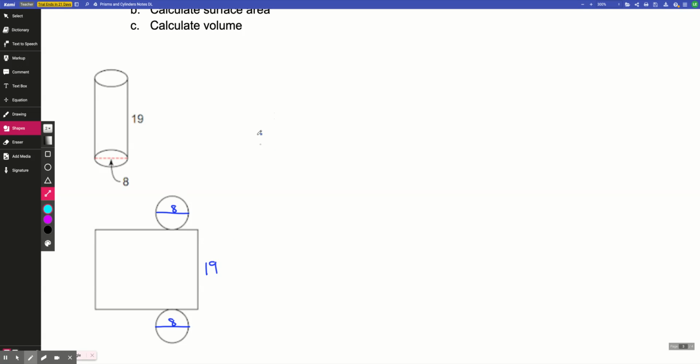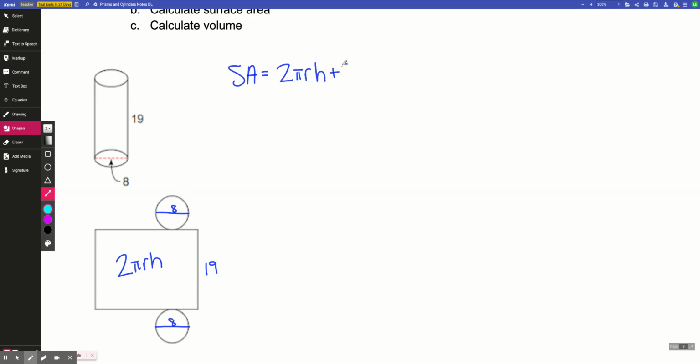All right, so let's do surface area next. If you recall, the surface area of a cylinder is 2 pi r h. That's the area of the rectangle.